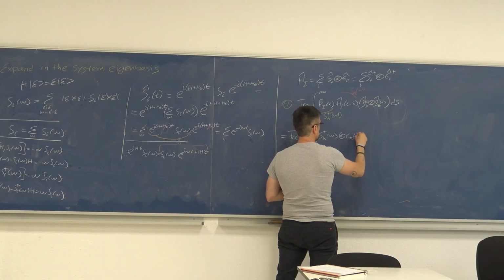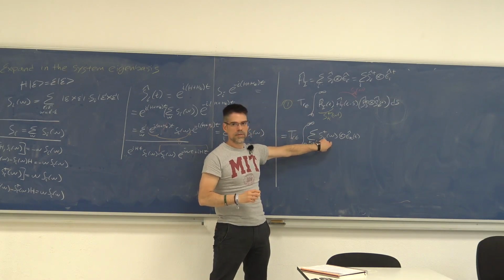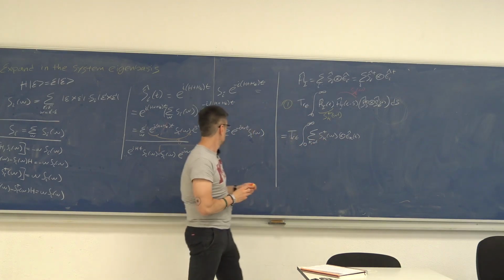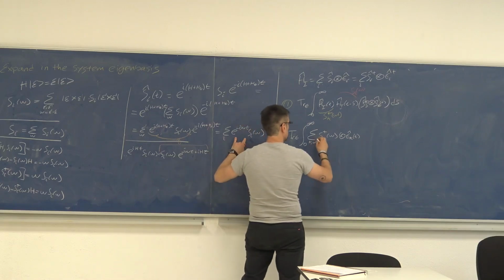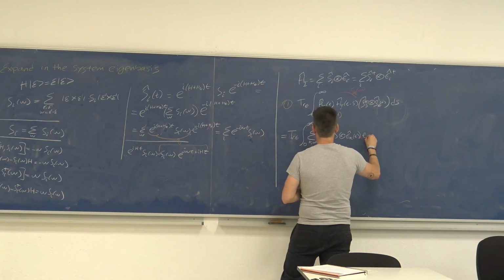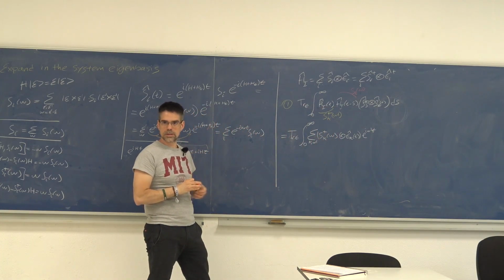And now what is missing is the time factor of this SK. As we are working with the adjoint, it will be times exponential of I omega prime, because it's the complex conjugate.